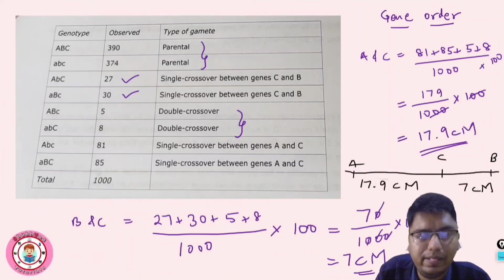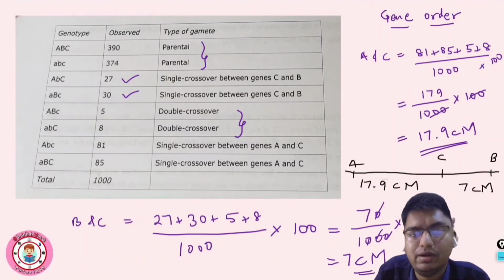First of all, the order, and then the distance, or gene distance, basically. So what we want to do is see the parental and the double crossover for gene order. And for gene distance, we want to see the crossovers, single cross plus double cross, divided by total offspring into 100, right?